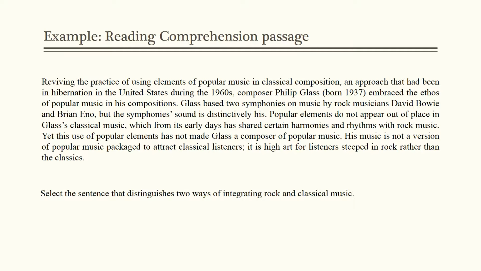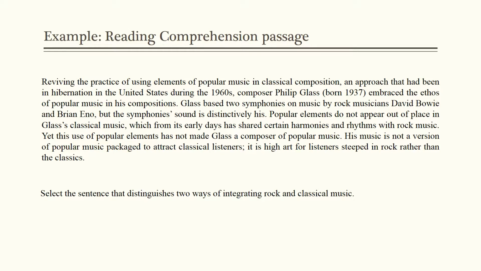And finally, another type of question that you might see on reading passage questions is selecting a particular sentence. Let's look at an example here. Reviving the practice of using elements of popular music in classical composition, an approach that had been in hibernation in the United States during the 1960s, composer Philip Glass embraced the ethos of popular music in his compositions.